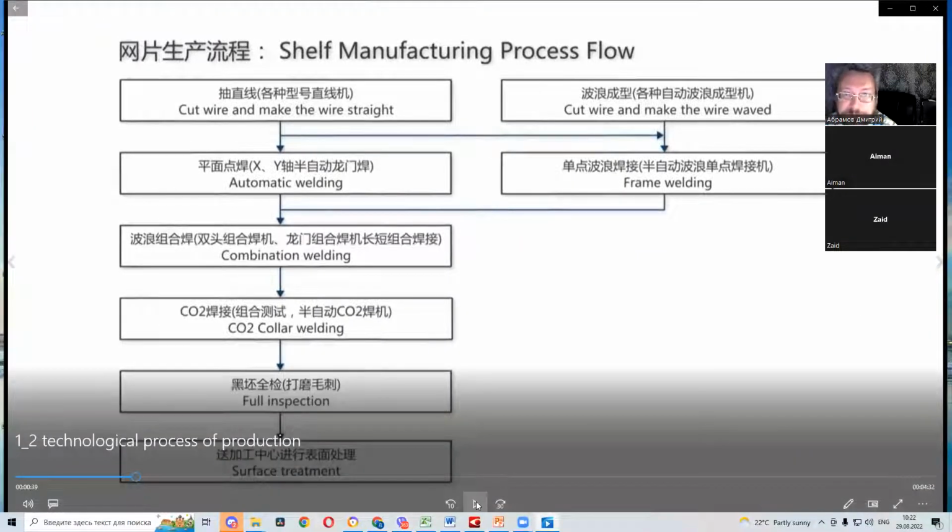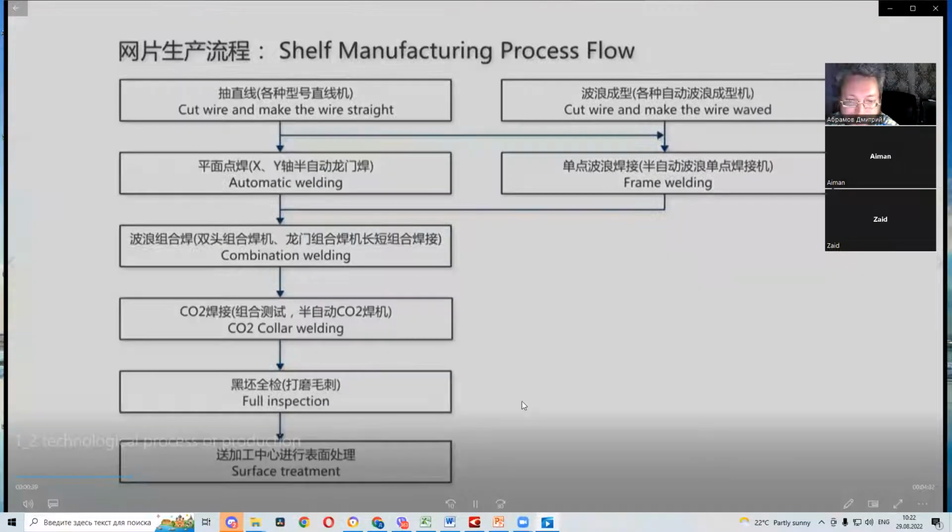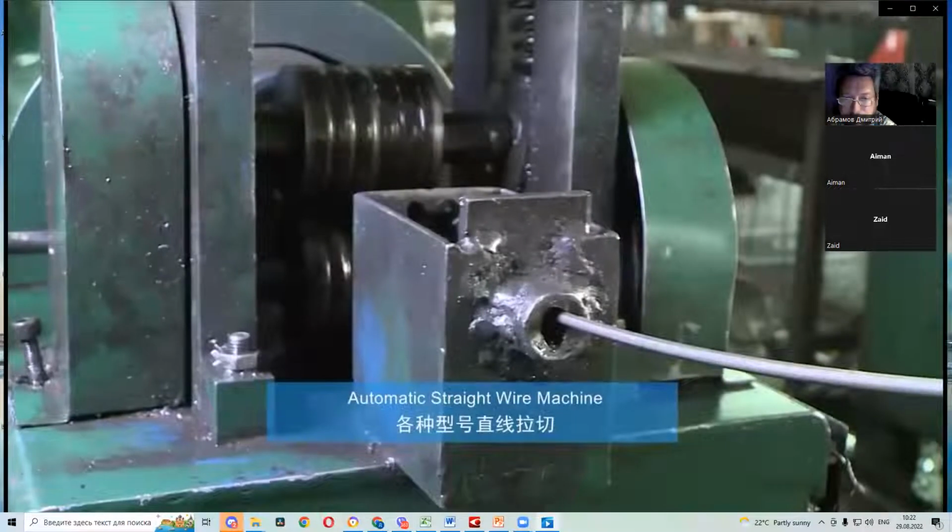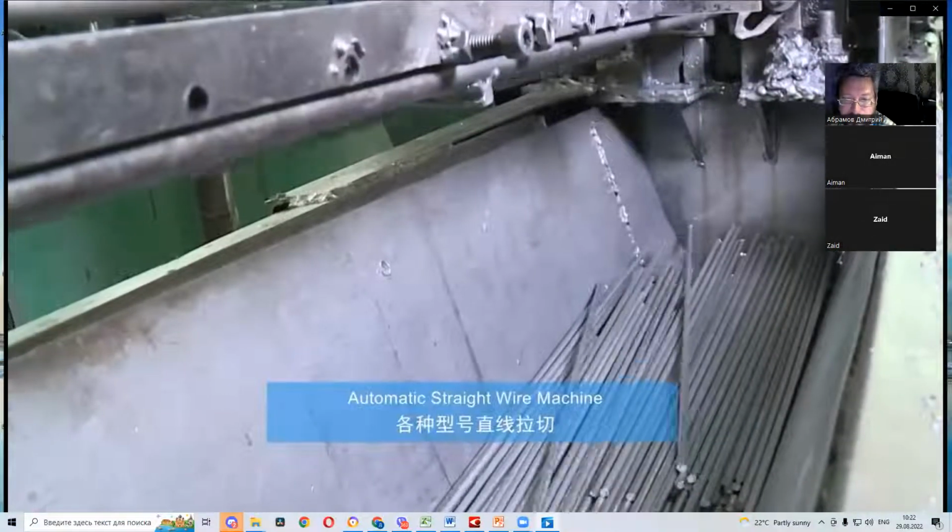Shelf manufacturing process flow: cut wire and make the wire straight, automatic welding, combination welding, color welding, and full inspection. That is the technological process. And now we see this process. Automatic straight wire machine.